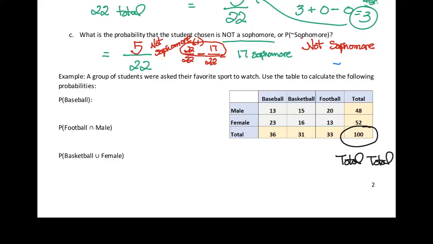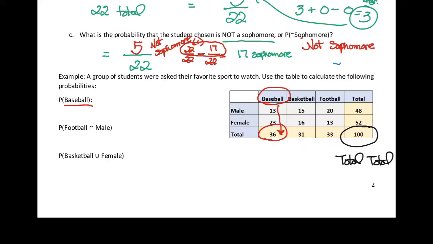So I want the probability that someone said baseball was their favorite sport to watch. I don't care if they're male or female. I just want to know that baseball is their favorite sport. Okay? So I look at baseball here, and you go down to the bottom for the total of baseball. All right? So go to baseball, which is right here. Go to the bottom.